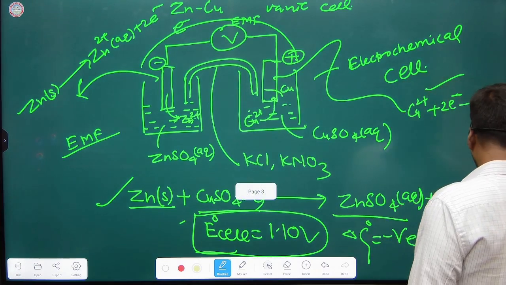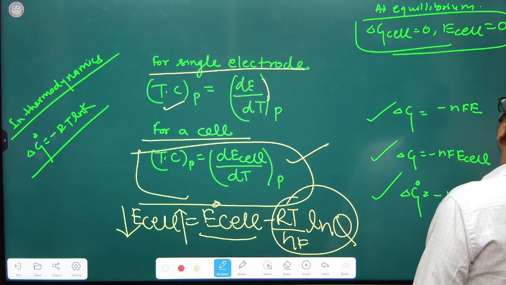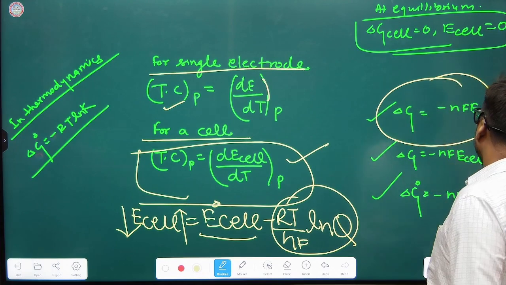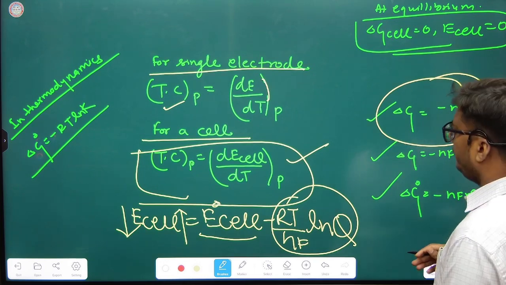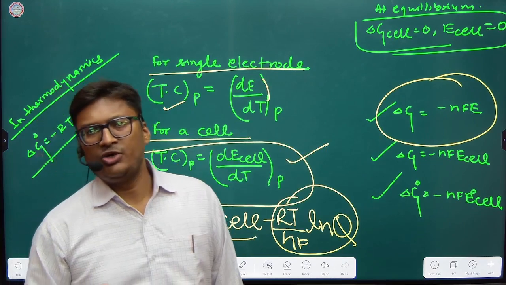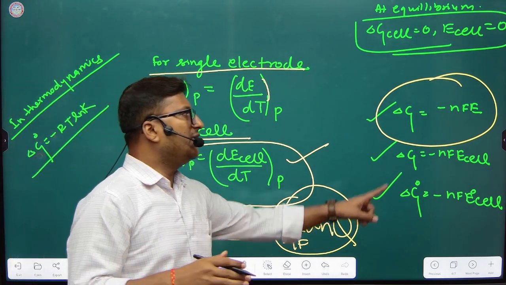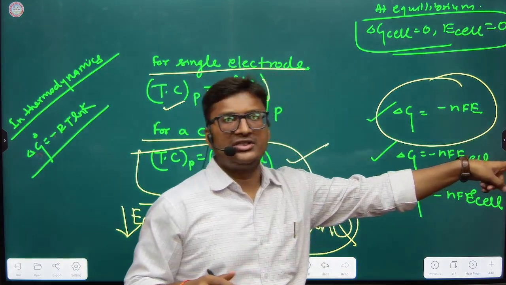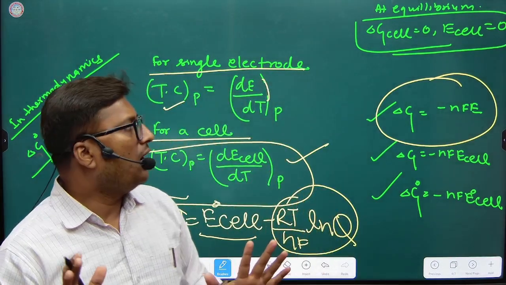Now this is your electrochemical cell, what I have justified previously. So if we have a particular electrode reaction, either a cathodic or an anodic electrode reaction, we get delta G equal to minus nFE. So E is the electrode potential, either the cathodic or the anodic potential.